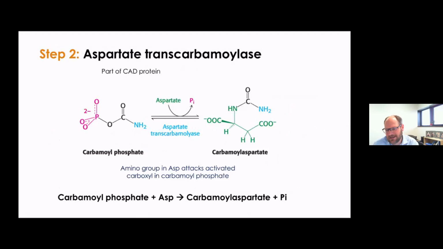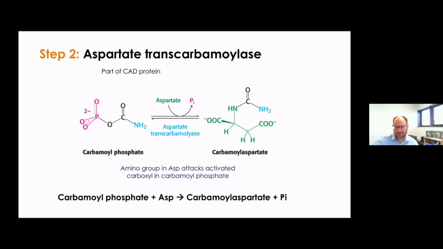Then this next step that we talked about, aspartate transcarbamylase, where aspartate comes in, and that's providing most of the carbon chain for the base, and it ends up with this carbamoyl aspartate moiety. If you look for carbamoyl aspartate, you'll also find that in your labeling data sets from malaria.